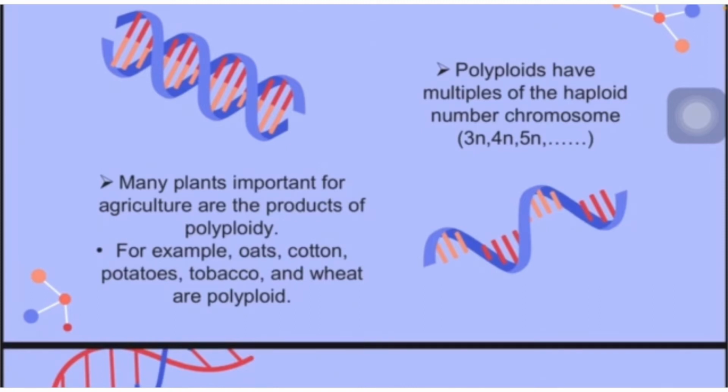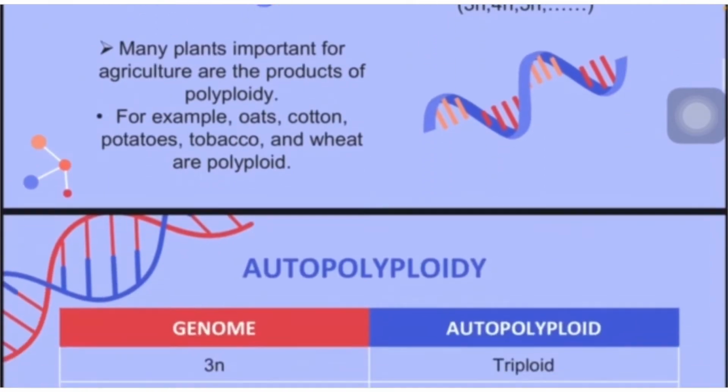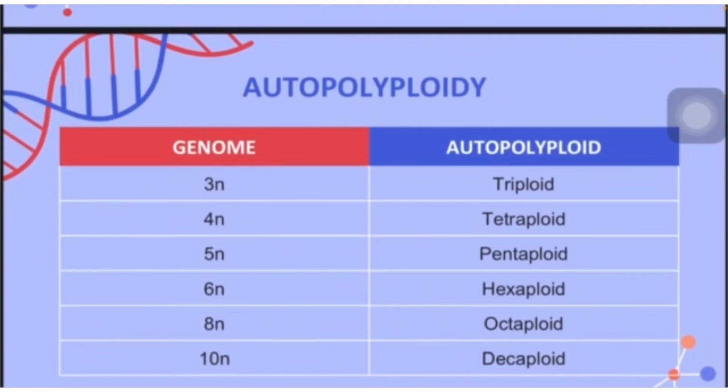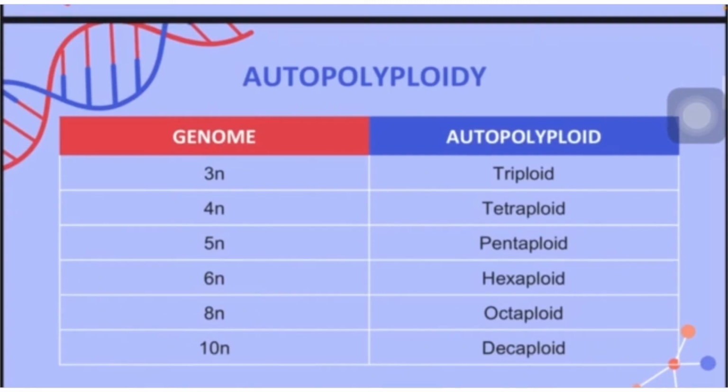For example, oats, cotton, potatoes, tobacco, and wheat are polyploid. So the genome is 3n. And the autopolyploid for 3n is triploid, for 4n is tetraploid, 5n is pentaploid, 6n is hexaploid, 8n is octaploid, and for 10n is decaploid.